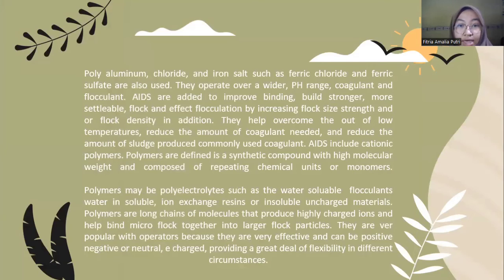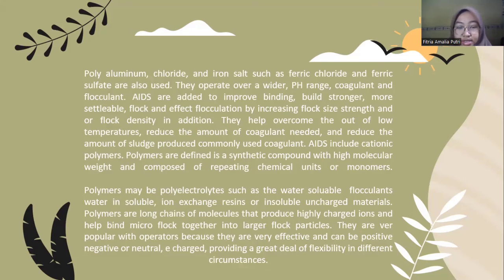Polyaluminum chloride and iron salts, such as ferric chloride and ferric sulfate, are also used. They operate over a wider pH range. Coagulant aids and flocculants are added to improve binding, with stronger, more suitable floc, by increasing floc size, strength, and floc density.